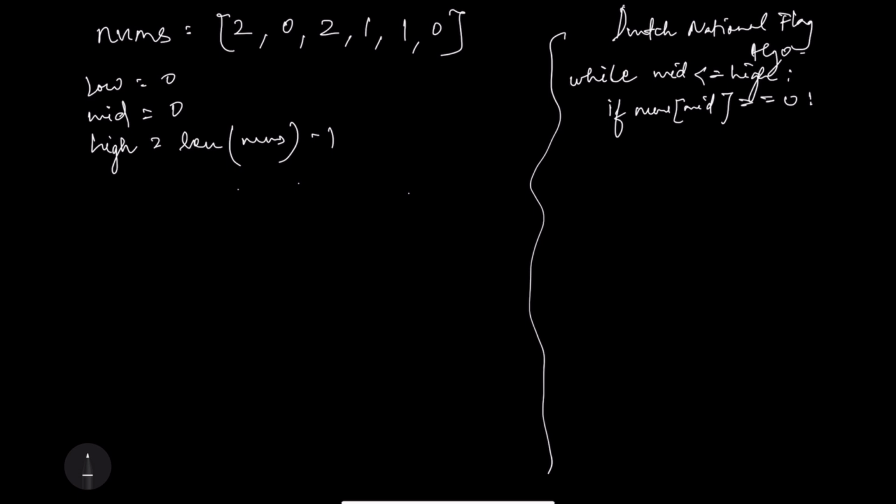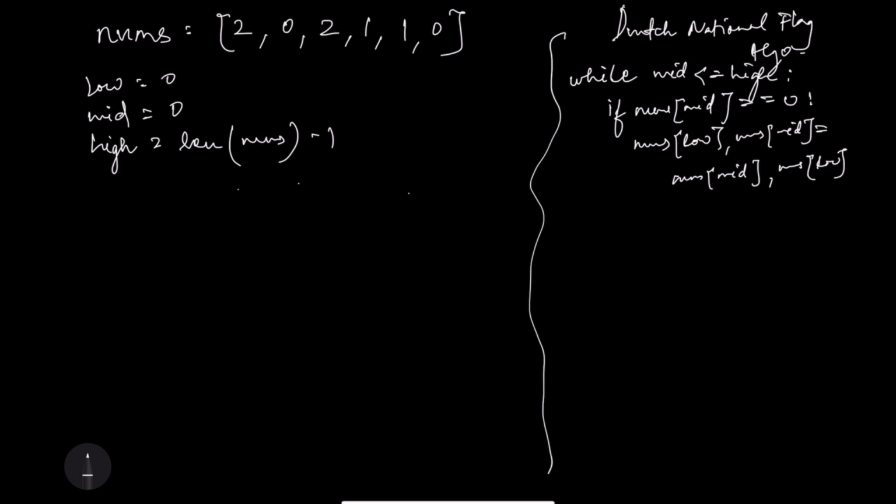So if in the mid we are getting a 0, we would swap it with low, because we want 0 to be in the low. So let's swap nums of low and nums of mid.